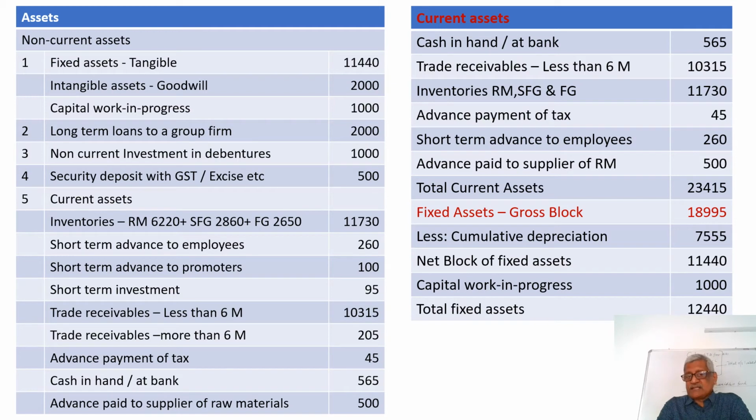Now, when you go to the fixed assets, actually in the pro forma which is given by the Companies Act, the depreciated value of the fixed assets are given. And if you want to know more about it, you may have to go to that particular note and then find out. So we have to go there, find out what is the gross block. That is what is the original purchase price of these fixed assets.